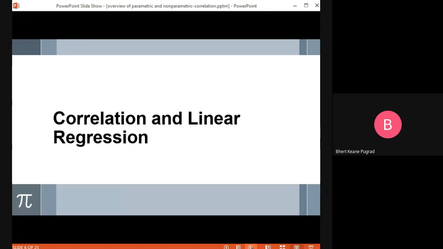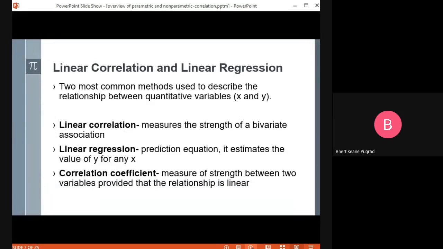Okay, so let's start first with correlation and linear regression. Linear correlation and linear regression are the two most common methods used to describe the relationship between quantitative variables. What's the relationship between X and Y? What's the relationship between heart rate and the pain scale?